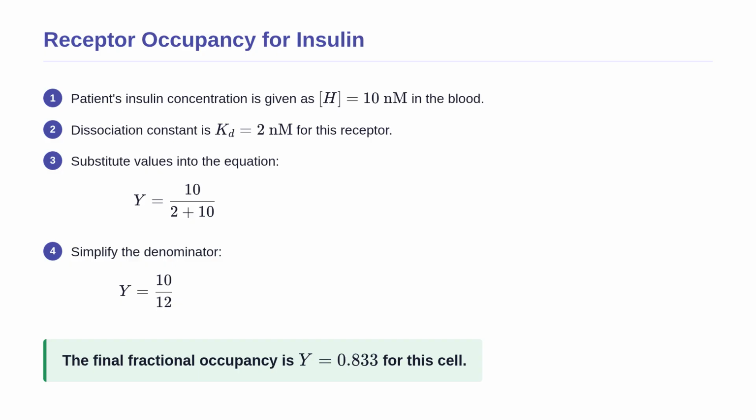We substitute H with 10 and Kd with 2 in our equation. Simplifying the denominator by adding 2 and 10 gives us 12. Dividing 10 by 12 gives us 0.833. This means 83.3% of the receptors are bound, sending a very strong signal to the muscle cell to take up glucose after a large meal.